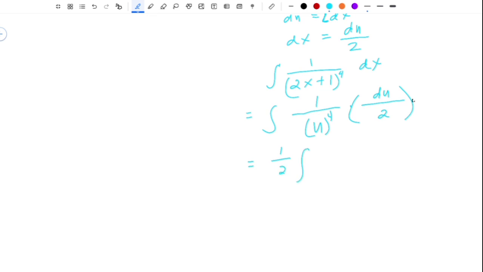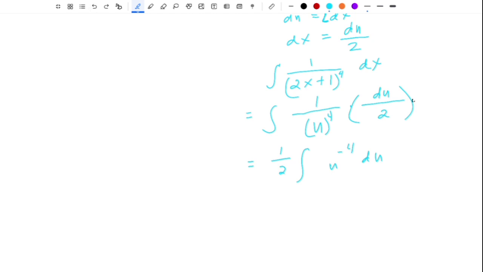We will have one half times the integral of u raised to negative 4 du. By the exponent rule, if you want to rewrite a denominator not in fraction form, you can use exponential form where the exponent becomes negative, negative 4.